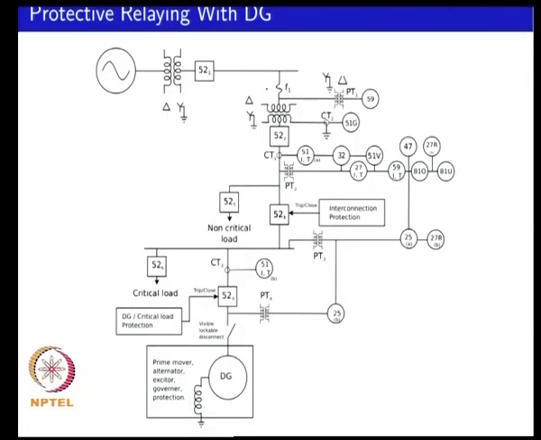And here what we are looking at is an example of a DG that is interconnected through a delta-Y transformer, and you might have a facility where you have non-critical loads which can be turned off and critical loads which need support in terms of power quality, plus you might be trying to compensate and prevent peak loading over here.